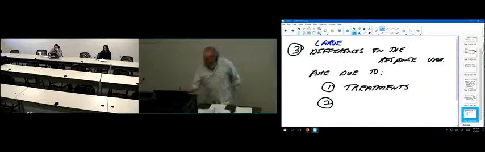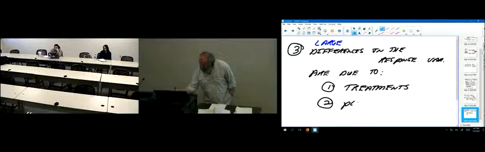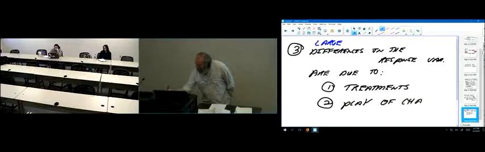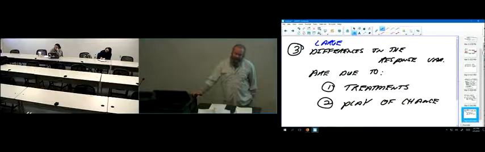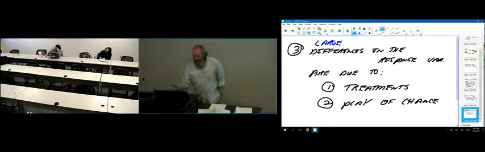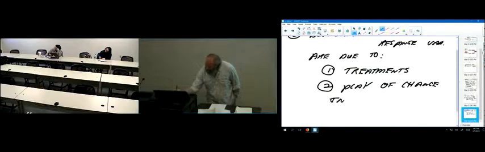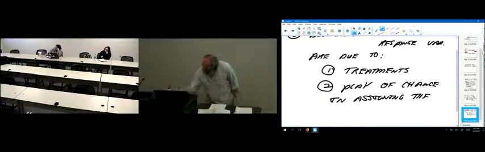The problem is, it could be due to the play of chance. Yeah, we use chance here, right? We randomly assign. And what I mean by the play of chance is in assigning the subjects to the treatments.